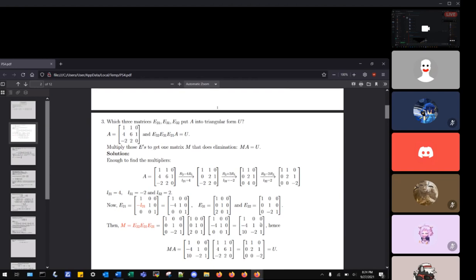Problem 3. By the way, I guess this expects us to know it, but I'll just cover it from the notes.